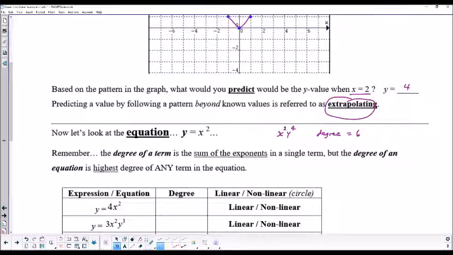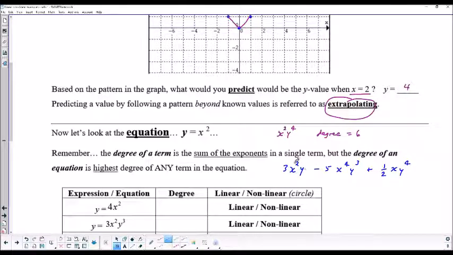So suppose we've got 3x squared y minus 5x to the power 4 y cubed plus 1/2 x y to the power 4. Then we can take a look at the degrees.